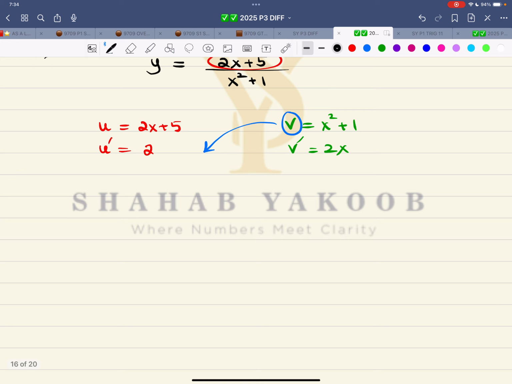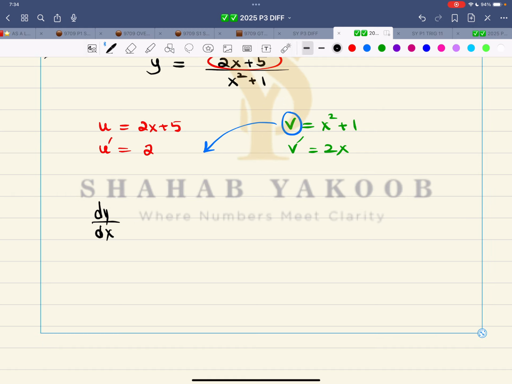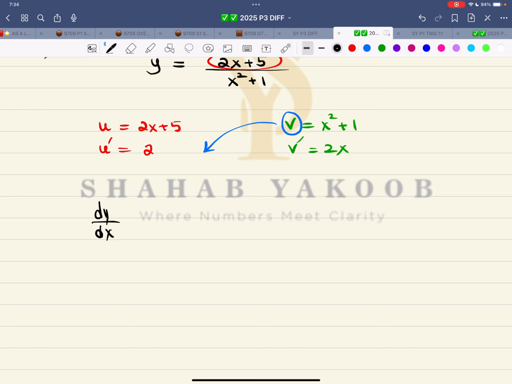So I'm also telling you which techniques, how to be better at maths, how to apply these techniques. dy by dx equals to, first of all, draw a line. And that is for the denominator, that is x square plus 1 whole square. No need to open this up.